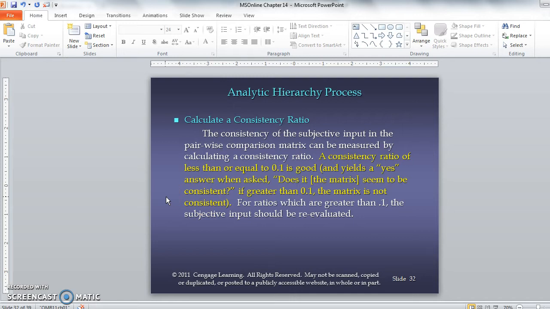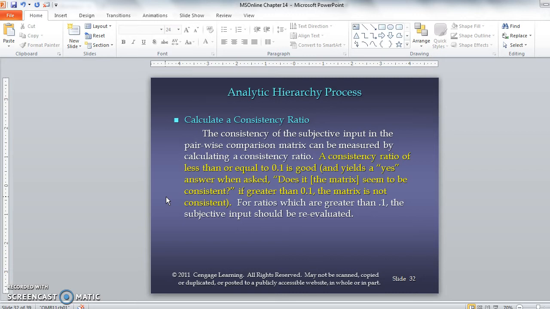For instance, if I say option 1 is more strongly preferred, let's say with an 8 or a 9, compared to option 2, and then option 2 is more strongly preferred compared to option 3, then when I compare 1 to 3, I have to make sure that comparison is even stronger yet. In other words, I couldn't have a weak comparison there.